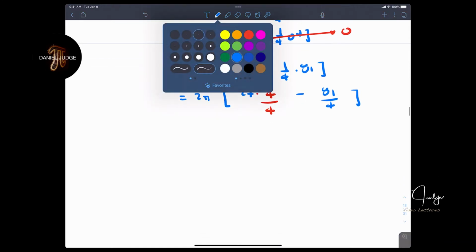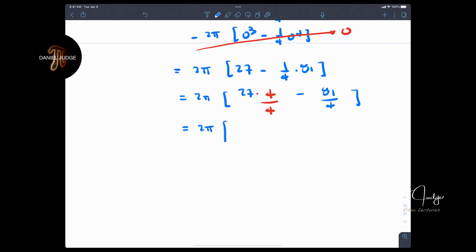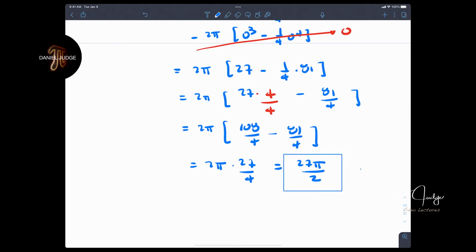So it looks like we're going to get 2 pi, 108 over 4 minus 81 over 4. Excuse me, 108 minus 81. So this would be 27 over 4, which is 27 pi over 2. There we go.